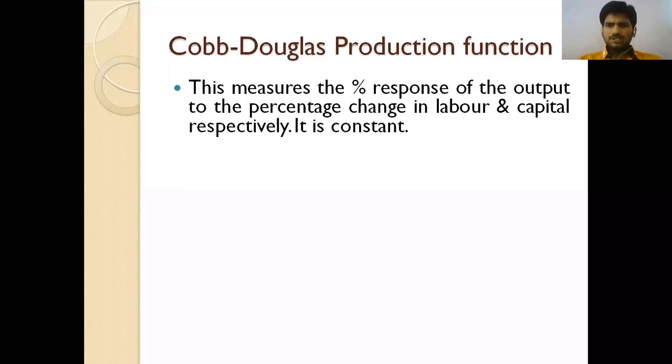If the labor input or the capital input is changed, the percentage of output changes accordingly. Constantly, if the labor is changed, the output will change, and when the capital changes, the output changes by a constant percentage.